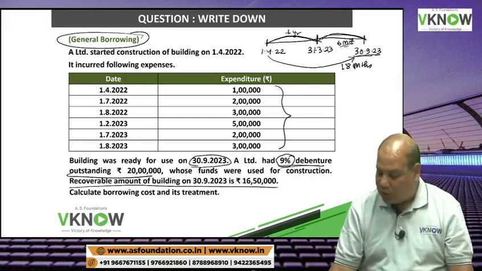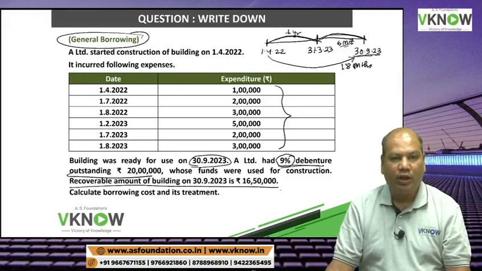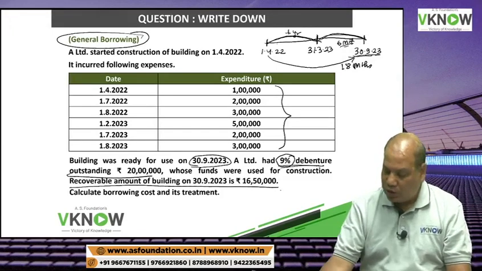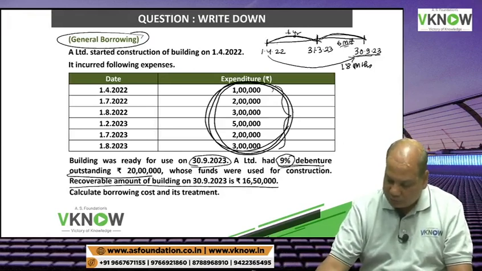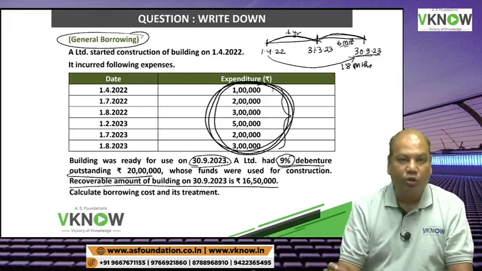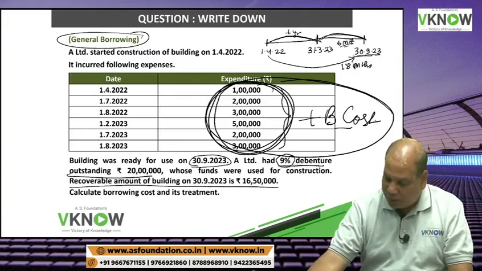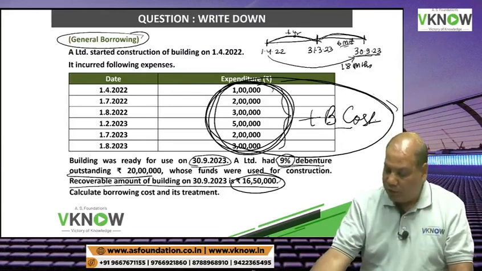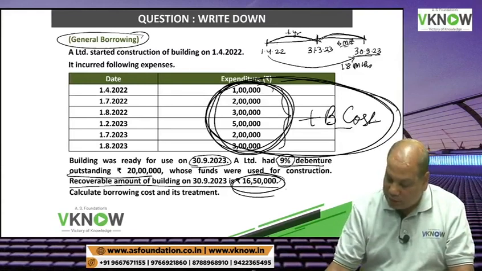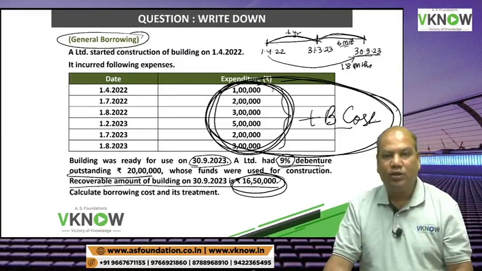After the building is completed, we will calculate the total carrying amount of building. Total carrying amount of building will be this expenditure plus the borrowing cost capitalized, and that I will compare with 16,50,000, and if this total exceeds 16,50,000, I will write down the excess amount.